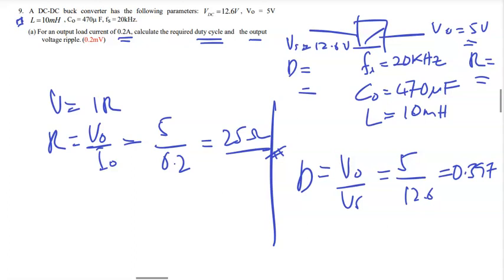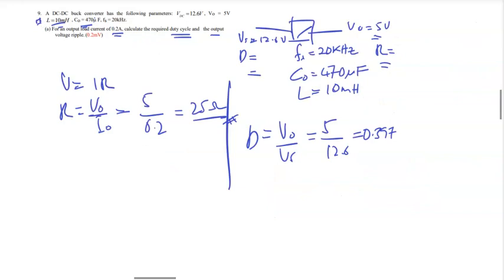Next, L is given, C is given. So what we need to find here is IL mean, to confirm whether it is working in CCM or not.